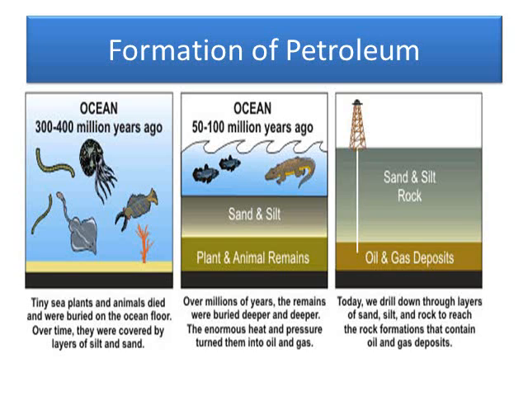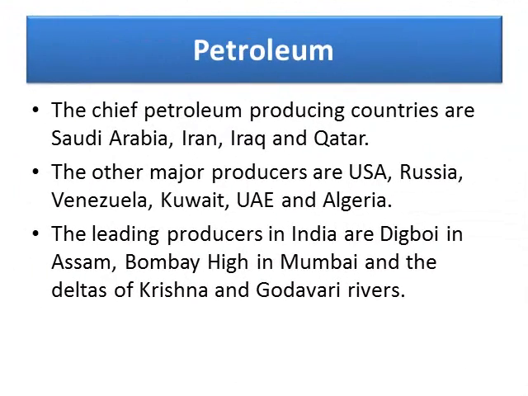Children, the chief petroleum producing countries are Saudi Arabia, Iran, Iraq and Qatar, all in the Middle East. The other major producers are USA, Russia, Venezuela, Kuwait, UAE and Algeria.